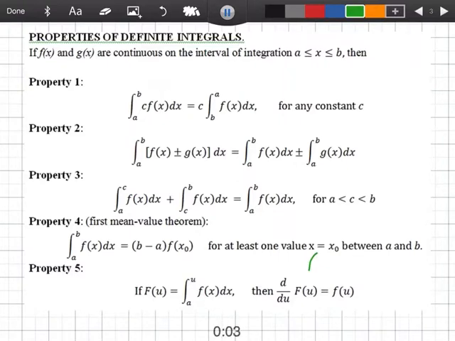And for property number 5, if we have a function u equal to the integral of f of x dx with lower limit a and upper limit b, then the derivative of that integral is the function itself, that is f of u.